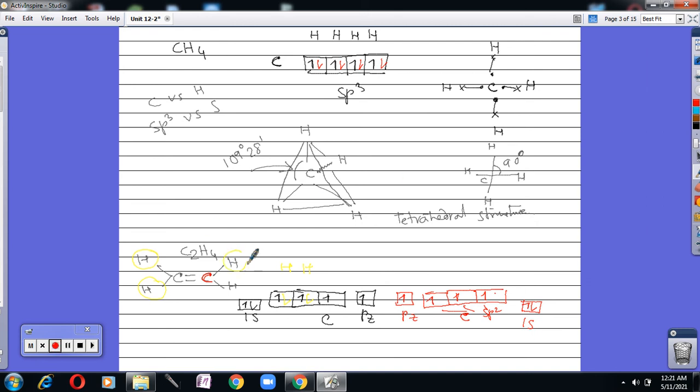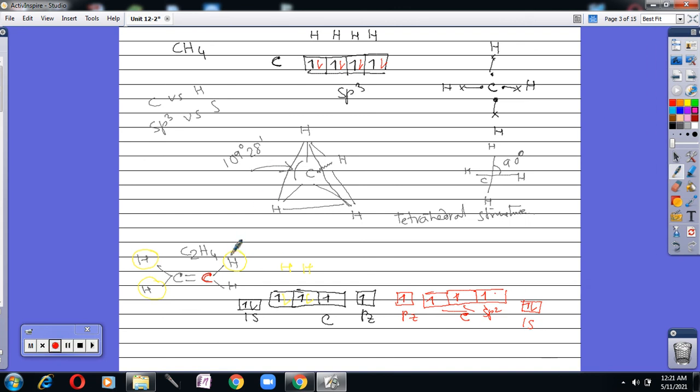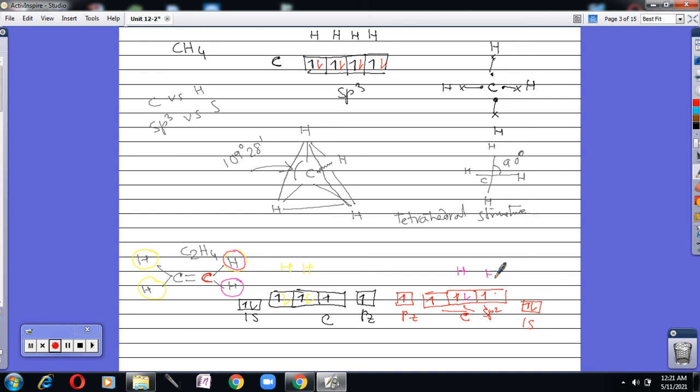We can write here, sorry, once again, pink color: this one pink, this one pink, and that pink color hydrogen has made a coordinate bond with red carbon. So we can write here this way, one of each having opposite direction.